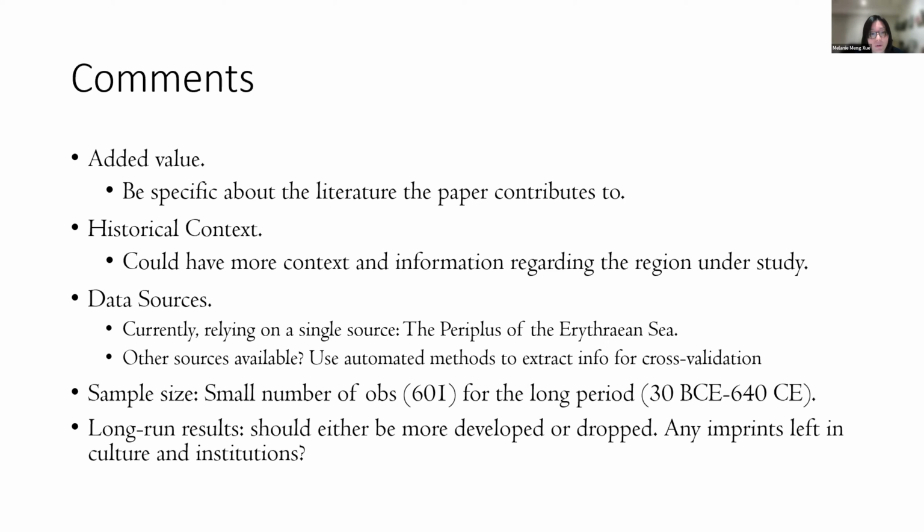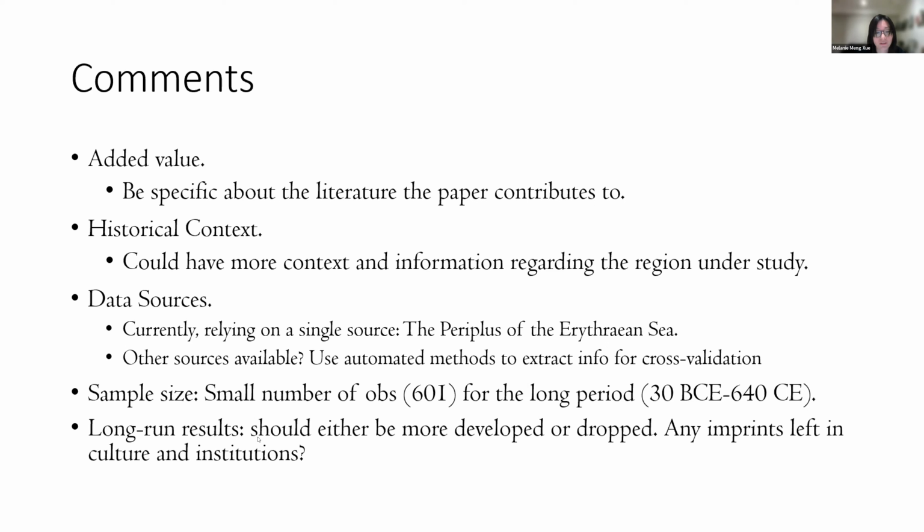And then also the sample size. I might not have read this completely correctly, but it is not a very big sample, right? And it's a quite long period. So I wonder how appropriate it is to do some of the finer analysis, given the same number of observations for the same number of years.